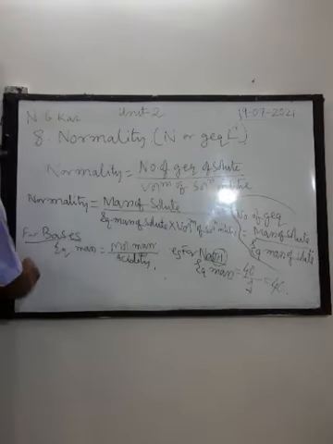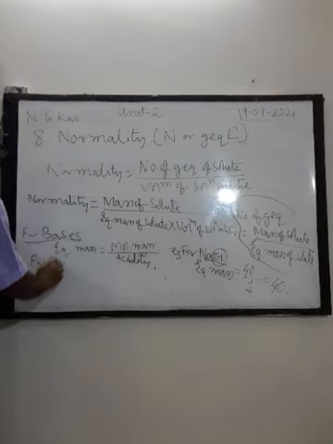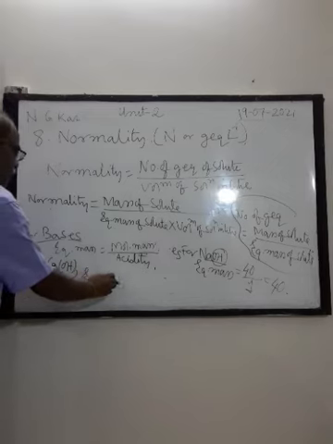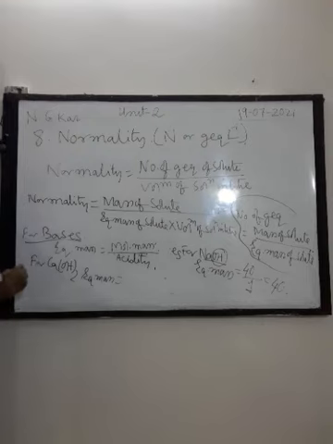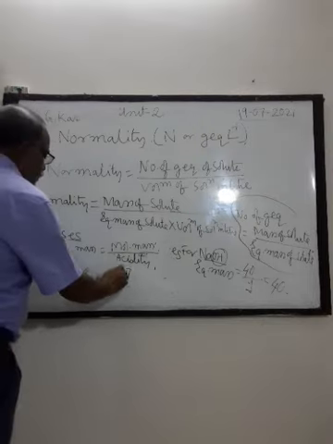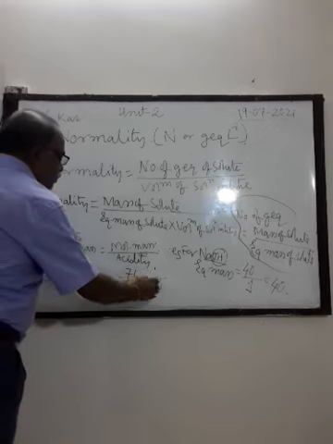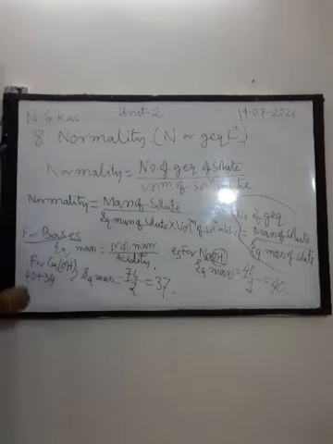For calcium hydroxide, which is a strong base, its equivalent mass is the molar mass, calcium 40, 2 OH, so 74. Acidity, the number of OH groups, is 2. So the equivalent mass equals 37.